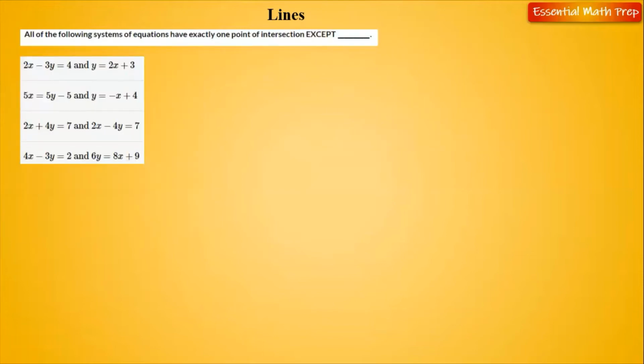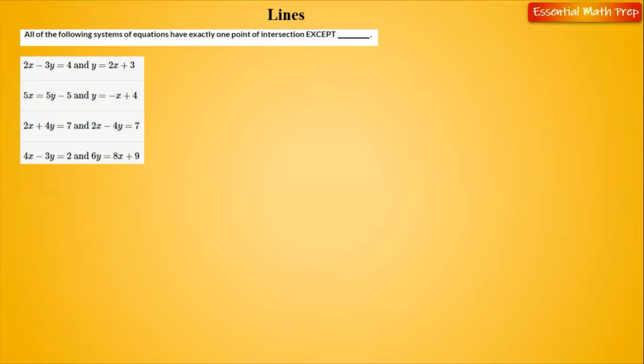Okay, all of the following systems have exactly one point of intersection, except. First you need to understand what the question is asking. It's asking which one pair of equations has multiple points of intersection, right?